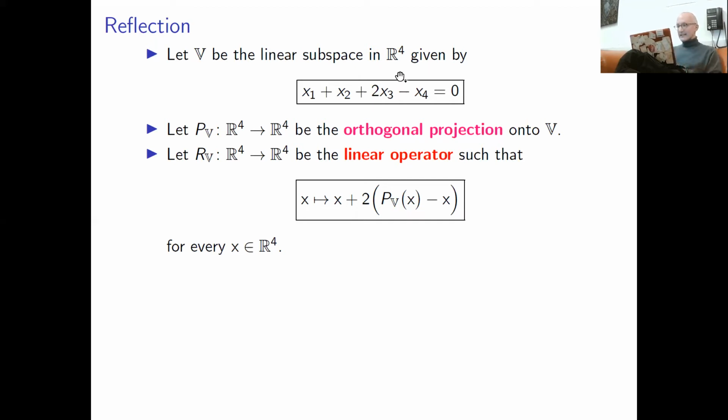It's defined by this formula, where PV of x is the vector of orthogonal projection of x onto V. We found a formula for PV of x in a quite similar example in three-dimensional space in the example class.